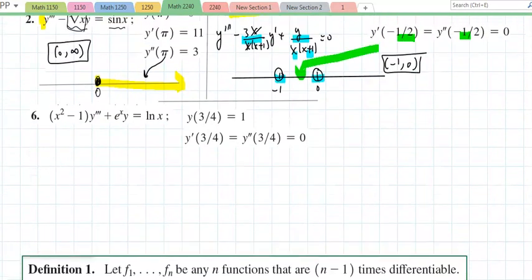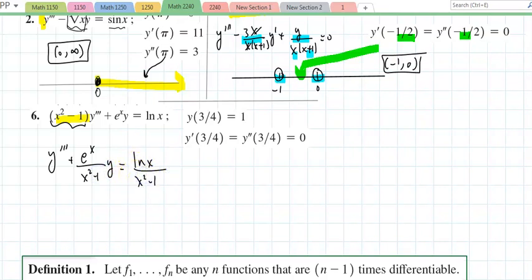And how does this work? The same deal. The goal is to make sure that's a 1, that's not a 1. We could say y triple prime plus e to the x over x squared minus 1 times y equals natural log of x over x squared minus 1. We want all of these functions to be continuous, which are what?